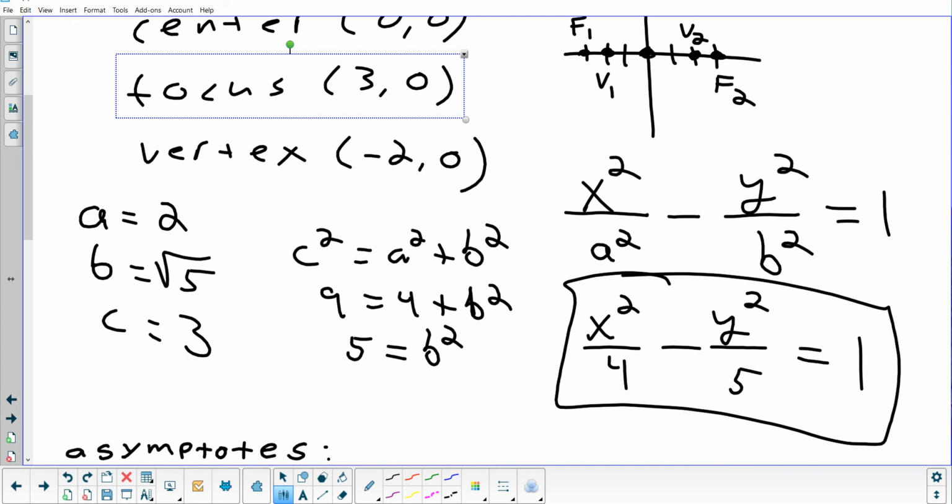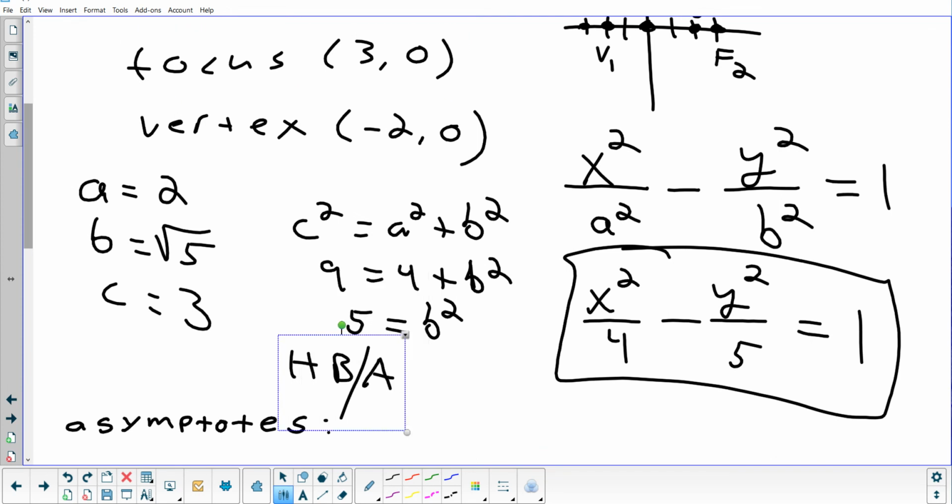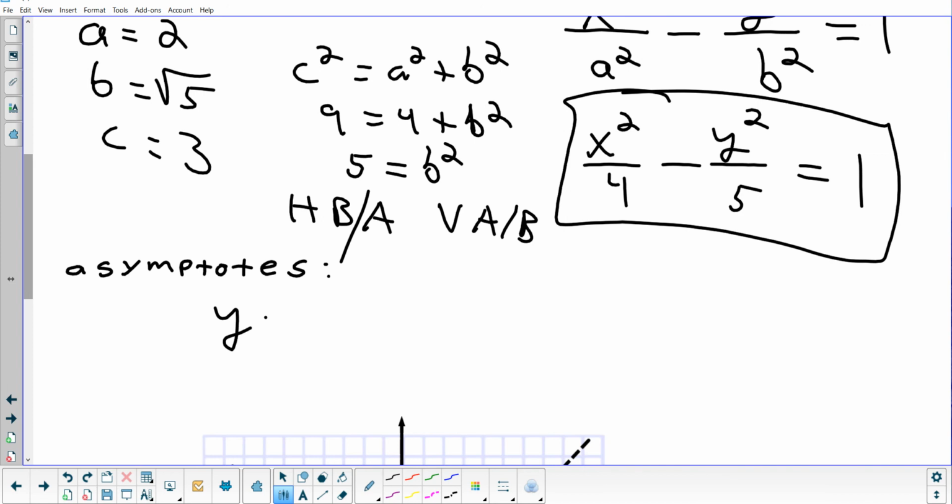Which one's the rise? b. So it's HBA. When your transverse axis is horizontal, the slope is b over a. I haven't shown you this one yet, but when the transverse axis is vertical, the slope is a over b. VAB. So if you can remember VAB, vertical is a over b, horizontal is b over a. Okay, we'll get to this in a minute. Okay, so asymptotes.